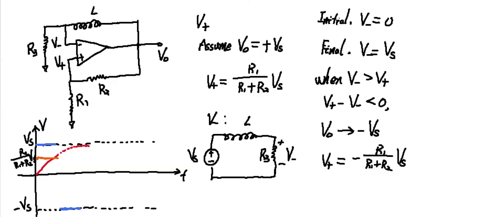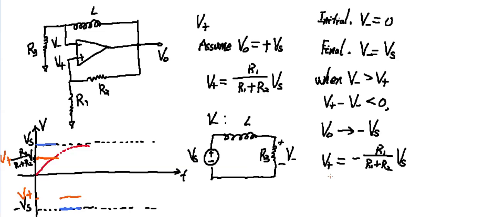So this is V plus. The V plus also becomes a negative value. If the output voltage goes from positive Vs to negative Vs, you'll notice that this inductor will start to be charged in the opposite direction.